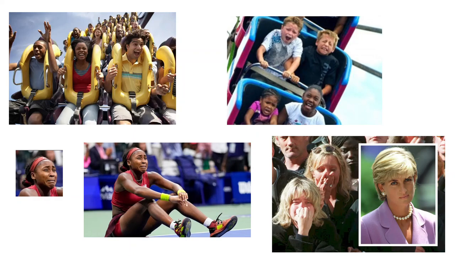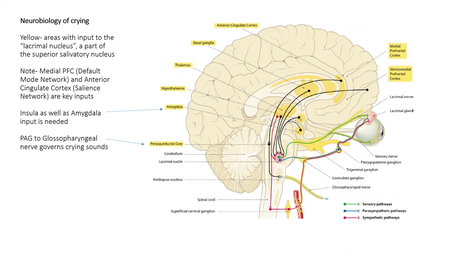And how and why do we do that? Well, the neurobiology of crying is in fact quite complex. In the middle, in the pink there, you see the lacrimal nucleus that has specific projections to the lacrimal gland. You'll see the parasympathetic and sympathetic inputs, which tend to be responsible for just making sure your eye remains hydrated.